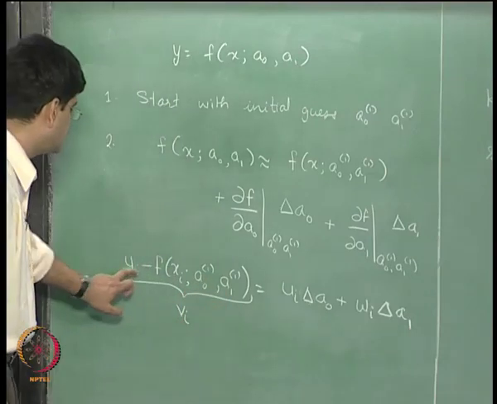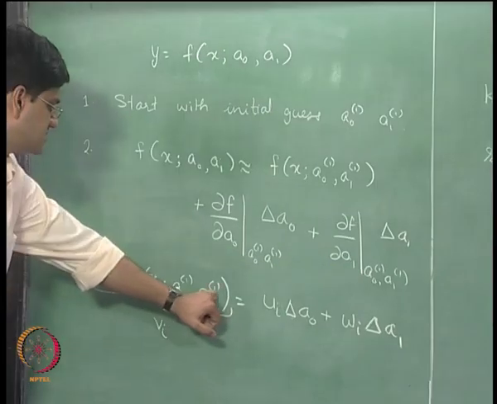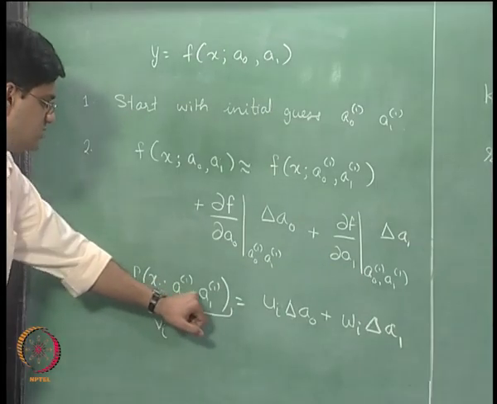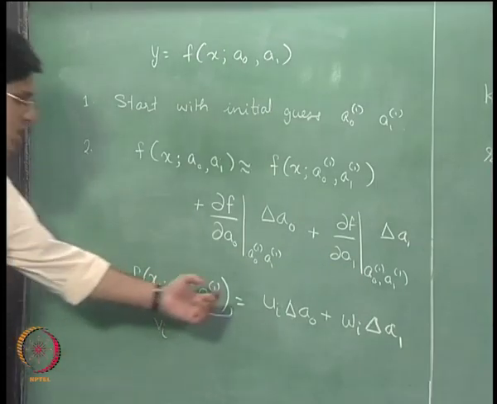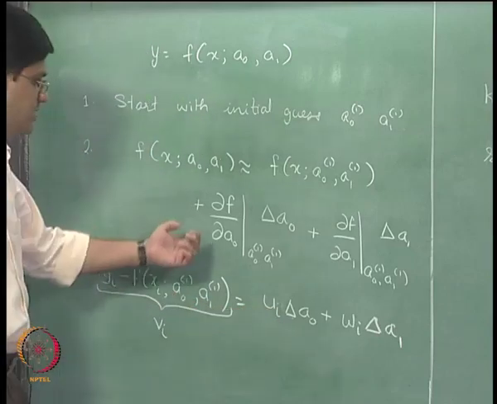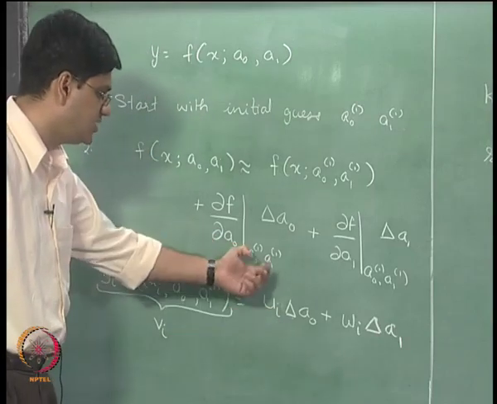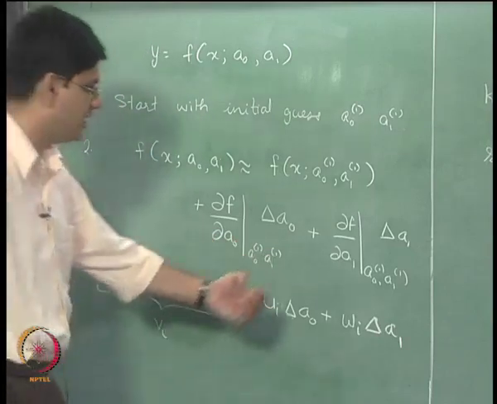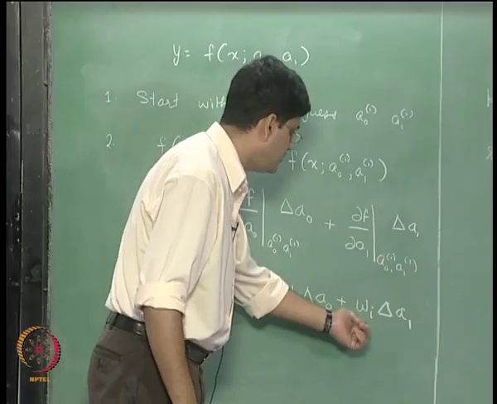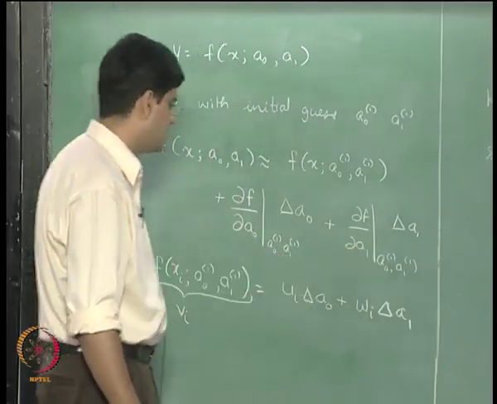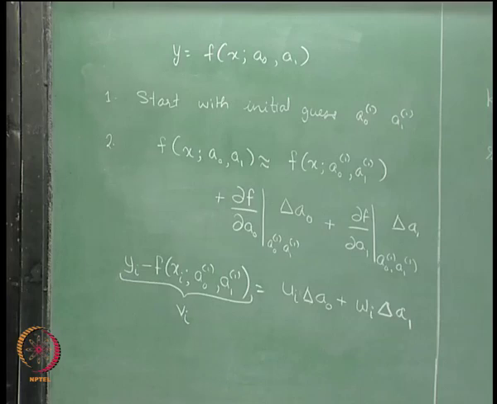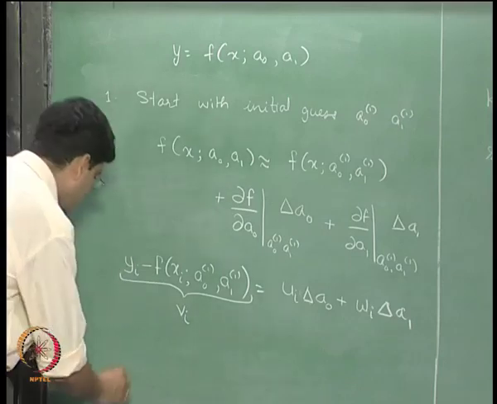So Vi is yi minus f of xi, a0 1, a1 1, ui is nothing but partial f by partial a0 computed at the current value, and wi is again this particular expression.